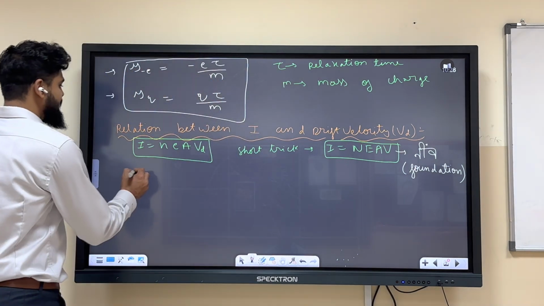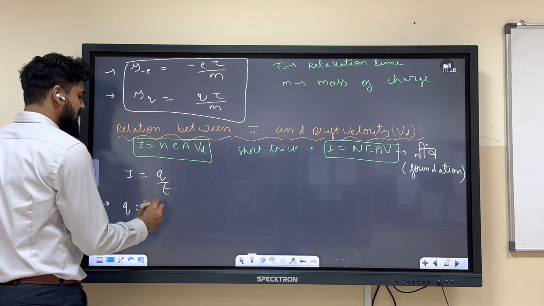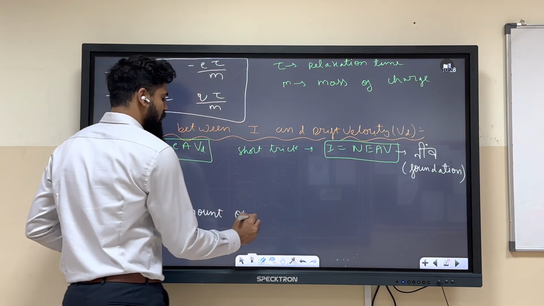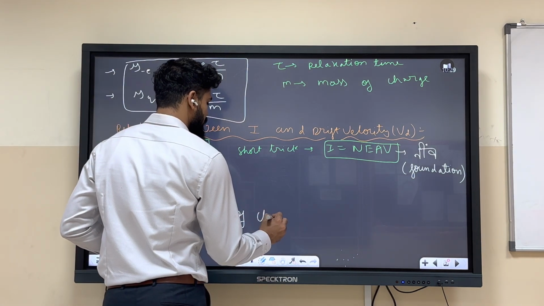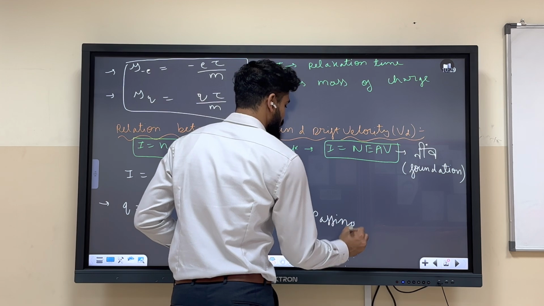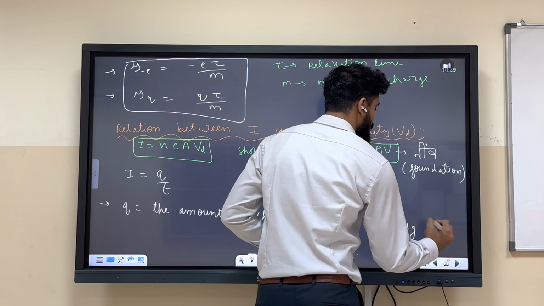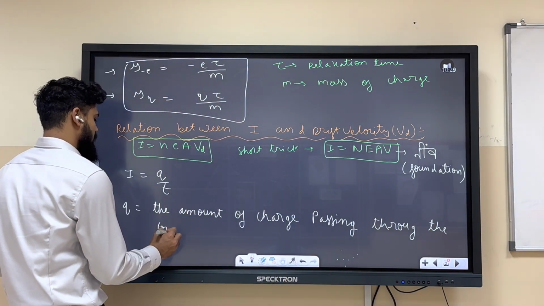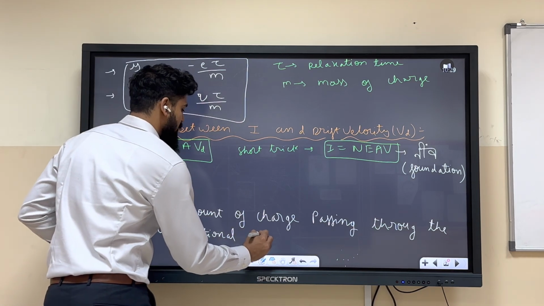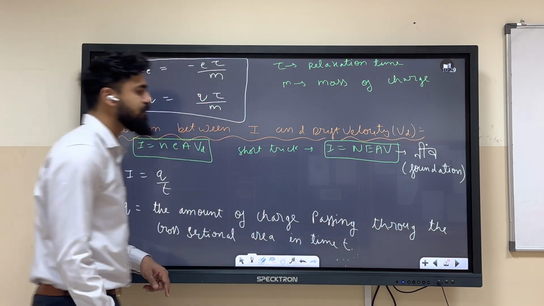Basically, when we say that current equals charge upon time, we should say Q is the amount of charge passing through the cross-sectional area in time t.